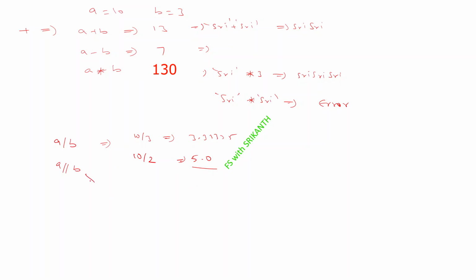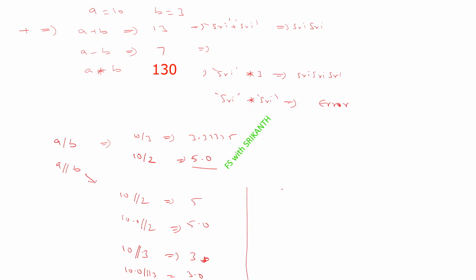And when you are doing a double slash floor division, 10 slash slash 2, it is a 5. And 10.0 slash slash 2, it is a 5.0. And 10 slash slash 3, it is a 3. And 10.0 slash slash 3, it will be 3.0.